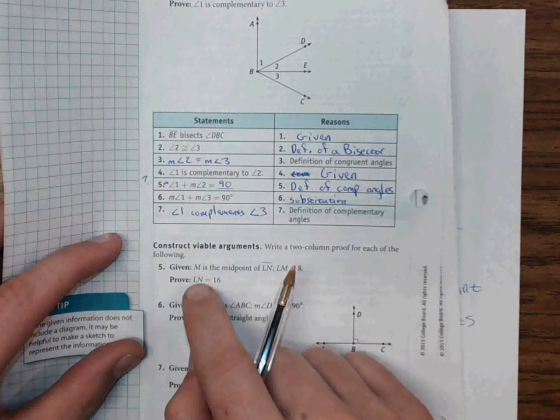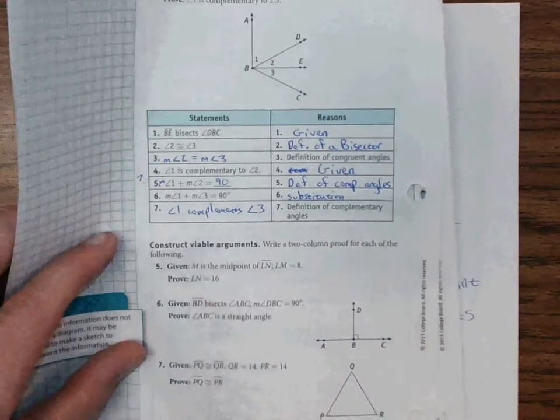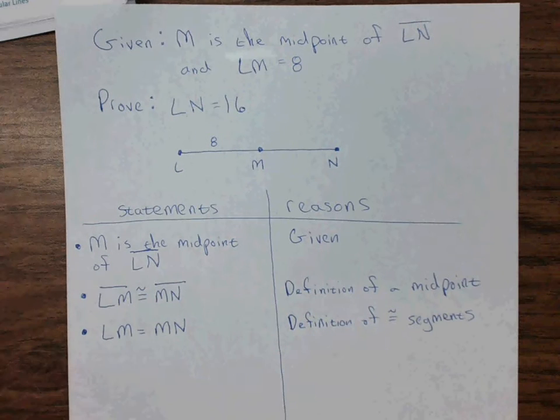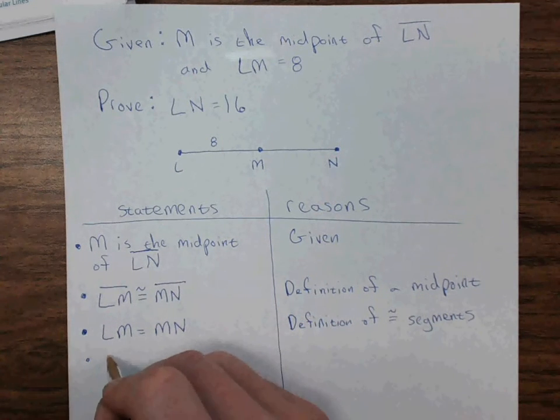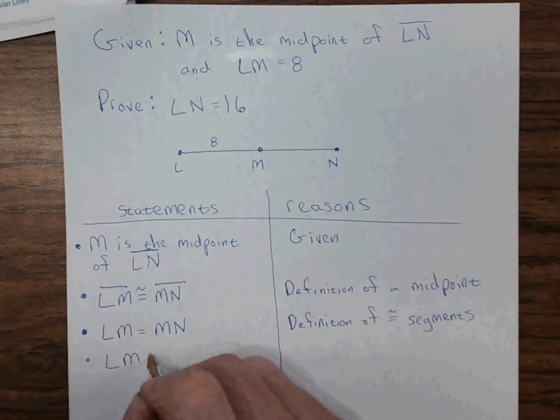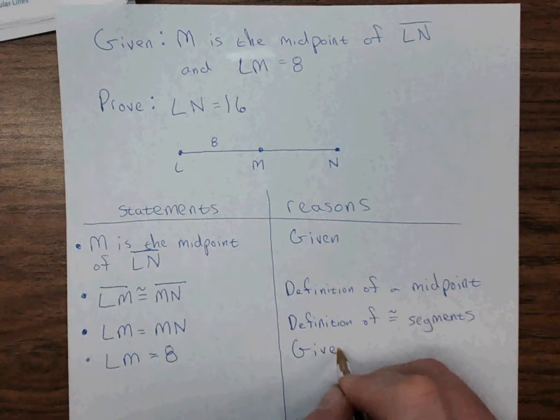And our ultimate goal is to prove the length of LN, that is, LN without the line segment bar, is equal to 16. So we'll apply the next given. We know that LM is equal to 8 because it was given to us.